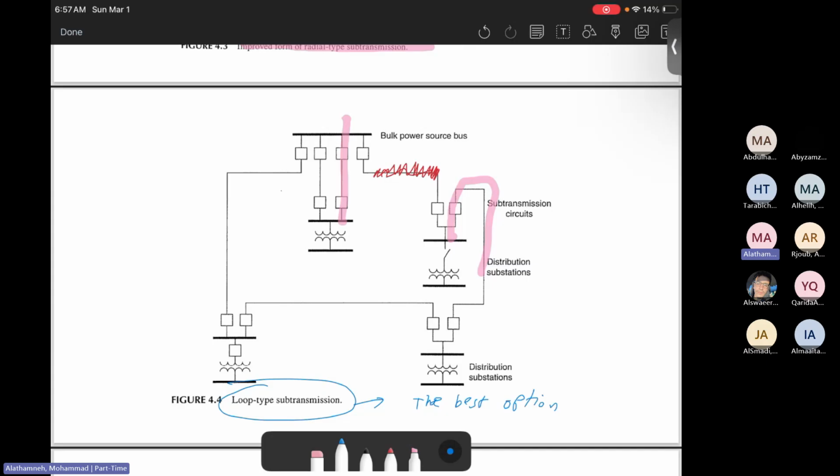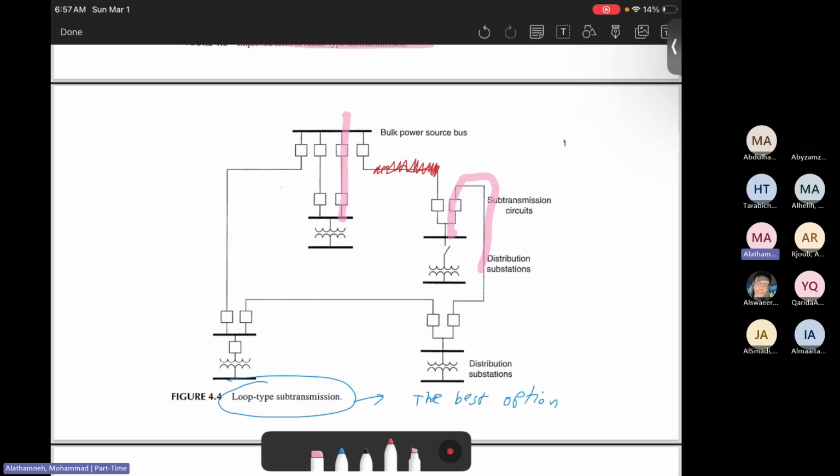Basically, the vast majority of loop sub-transmission is based on 11 kilovolts. So we have sub-transmission converting 33 to 11, then the 11 kilovolts will be done as a loop. And many loops come as underground cables as well. So it is very costly to have a loop.